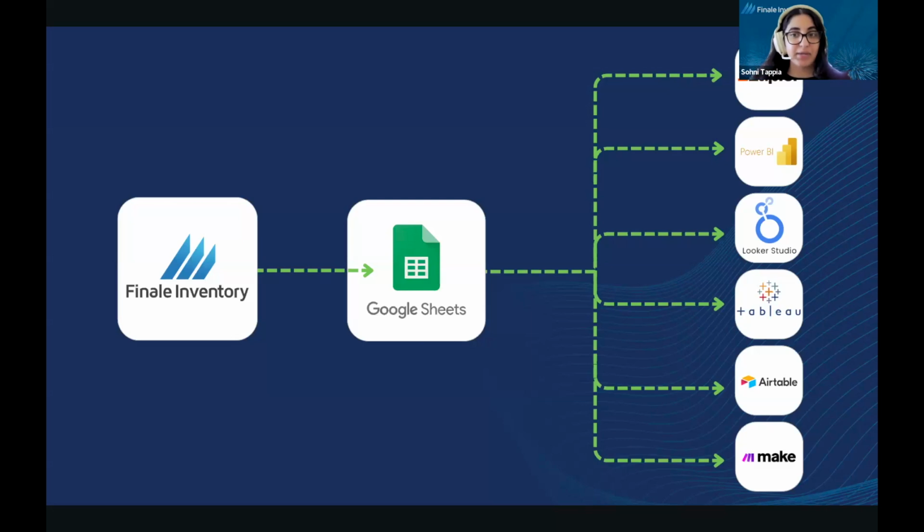And so this is a very creative way to take advantage of the wealth of information that you've got collecting in Finale and to be able to action it. Ultimately, any tool that can be fed a spreadsheet is going to be fair game here in terms of compatibility and use.